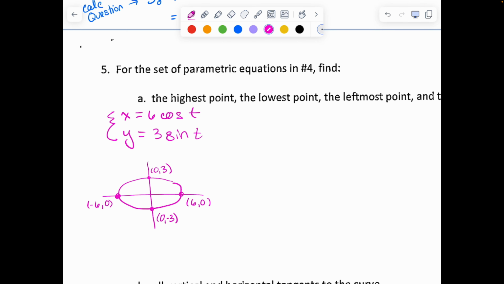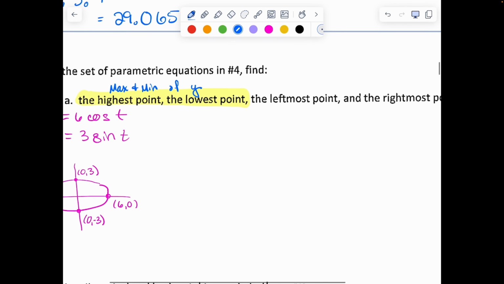To find the highest and the lowest points, I'm asking for the maximum and the minimum of the y values. So these are the max and min of y.